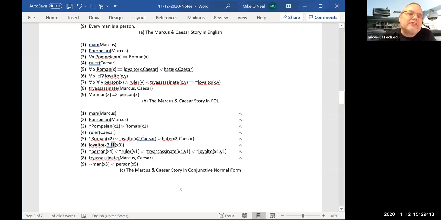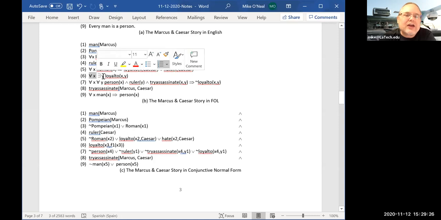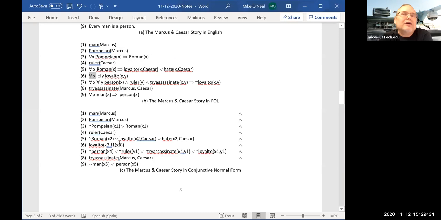So I'm getting rid of existential quantifiers by proposing that there be functions that can take as input all of the variables that are universally quantified ahead of that existential quantifier and use those as inputs into a function that returns the result that we need. Are we going to actually compute this thing? No, we're not.